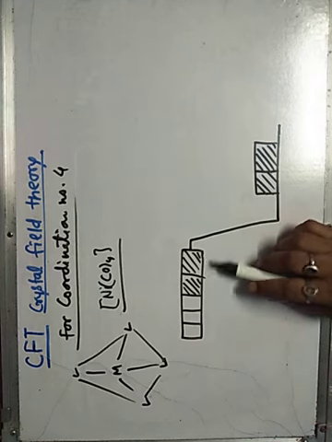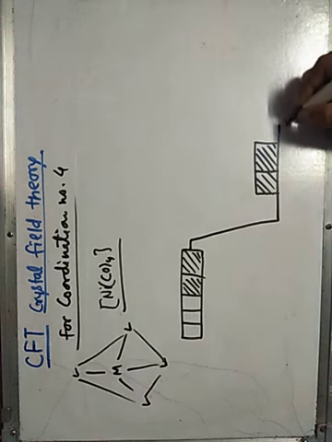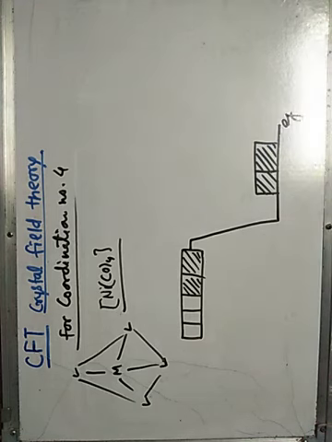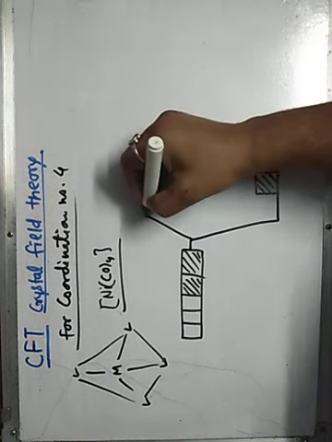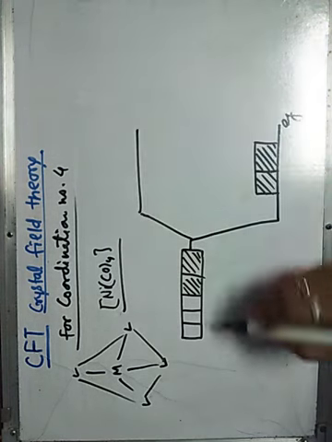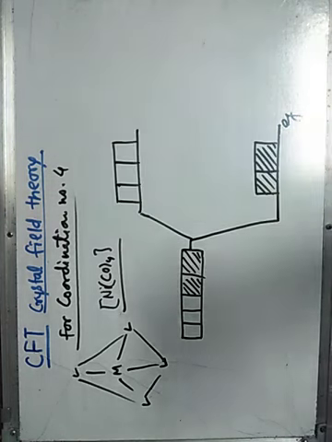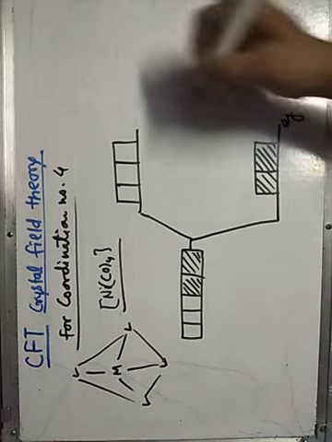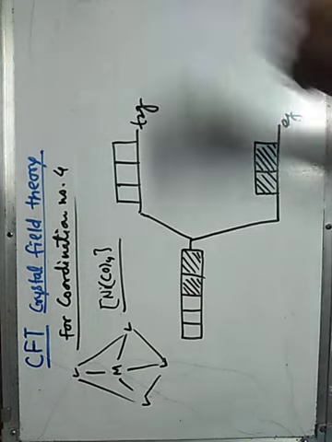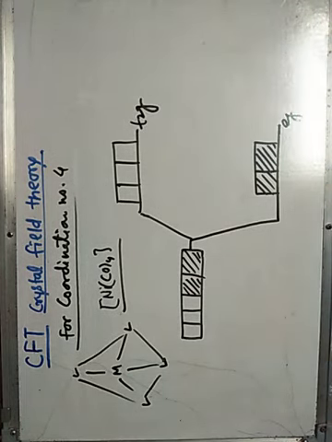These two orbitals go down, it means it's Eg, and these three orbitals move upward like this. Okay, it's T2G. Fine, I hope it's clear to everyone.